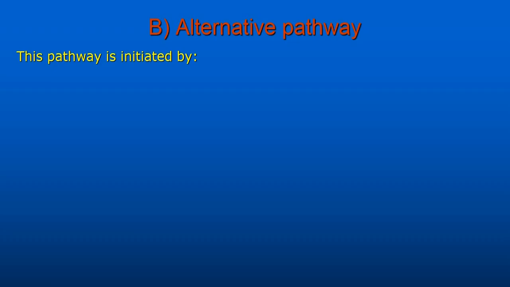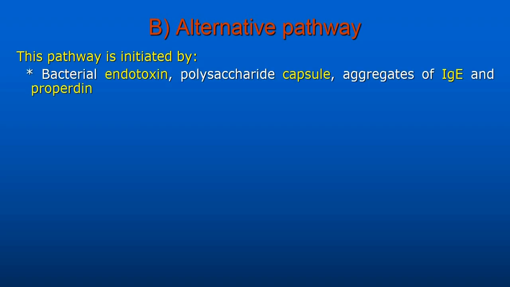So, I will directly come to the initiation part. This pathway is initiated by bacterial endotoxin, polysaccharide capsule, aggregates of immunoglobulin E and properdin. This pathway is relatively shorter. Do not be very excited, because very soon I will tell you the sad part of it, that it is not actually as short as you think.